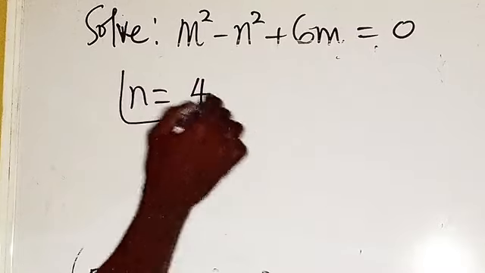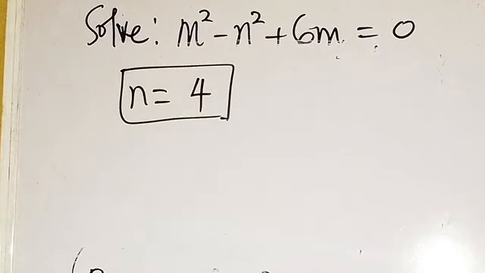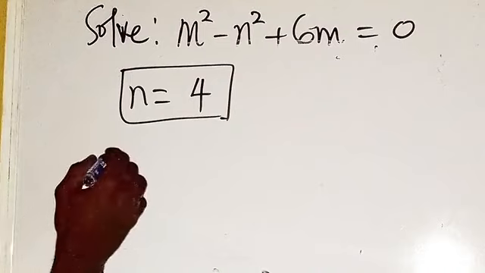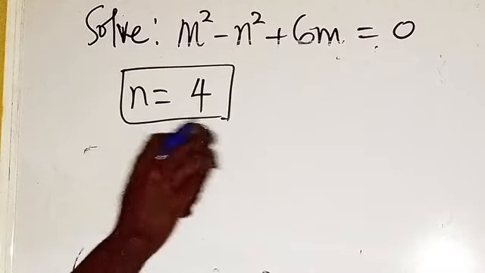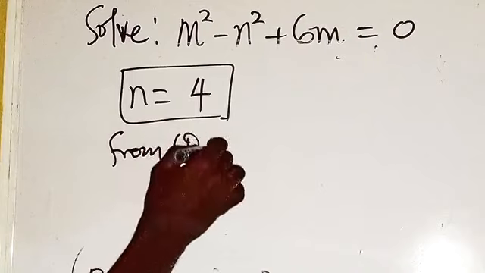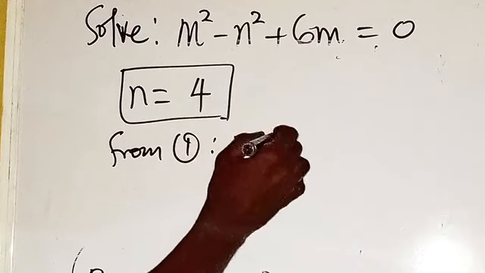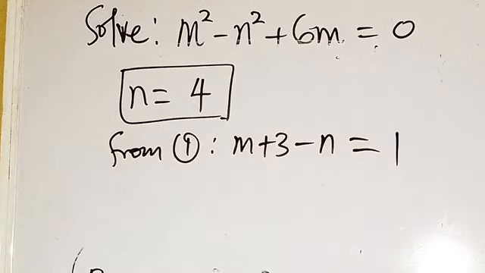So one of the solutions is n equals 4. Now I'm going to pick any of the equations. Let me say from equation 1, we have m plus 3 minus n equals 1.